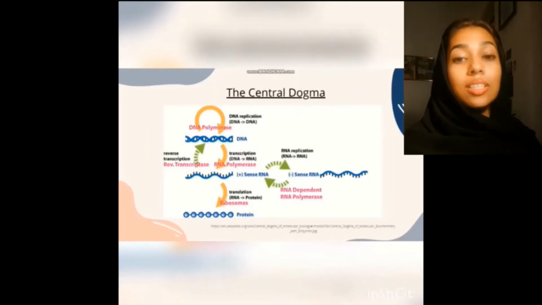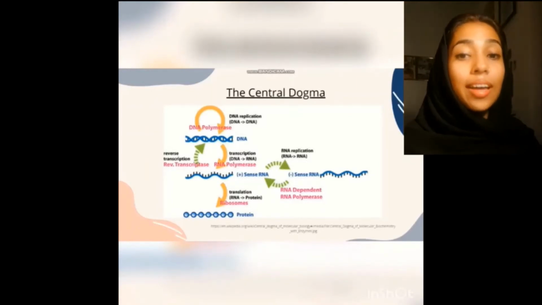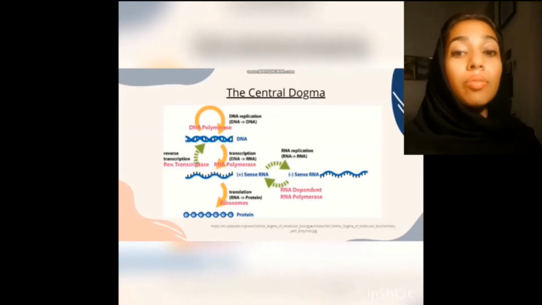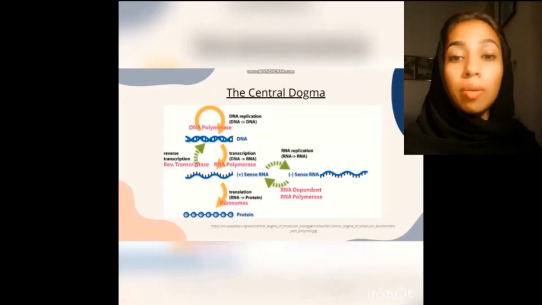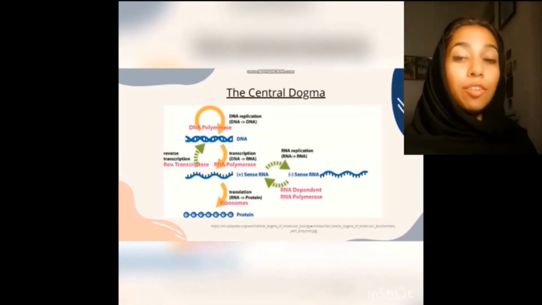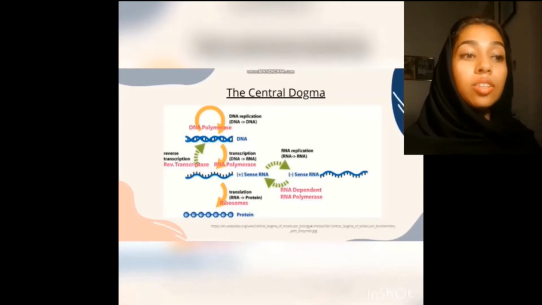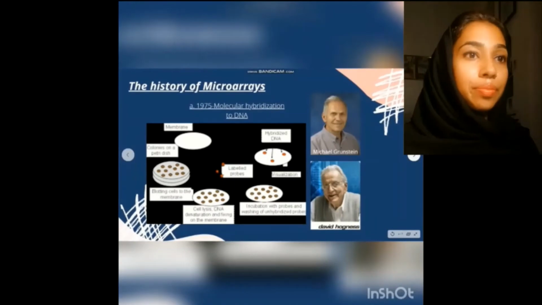This information is then transferred onto an mRNA strand, which is a single strand. The mRNA strand is then read by the ribosomes and with the help of tRNA strings together molecules of amino acids to form proteins, which is then released. Therefore, we know that mRNA is a good indicator of the gene expression of a particular cell or organism.